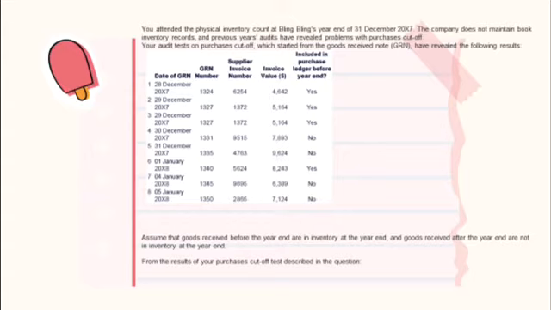This is the table, as you can see. Assume that goods received before the year end are in inventory at the year end, and goods received after the year end are not in inventory at the year end.